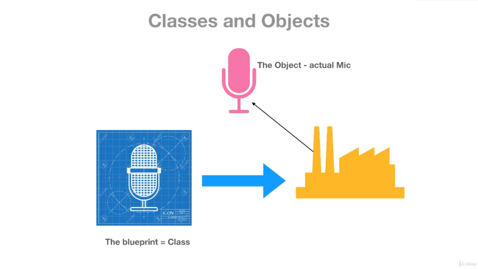To add to this analogy, you can look at how an architect puts together a blueprint of a house, and then with only one blueprint, he or she can actually make 100 copies of those and send them out to all the constructors around town or in the country, and they will build that house. So the blueprint is the class, and the house is indeed the object, the actual thing, if you will.